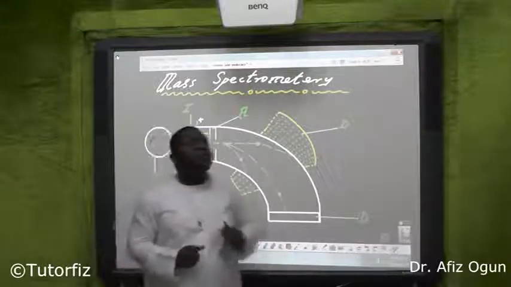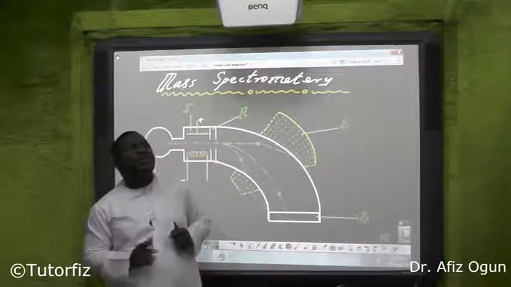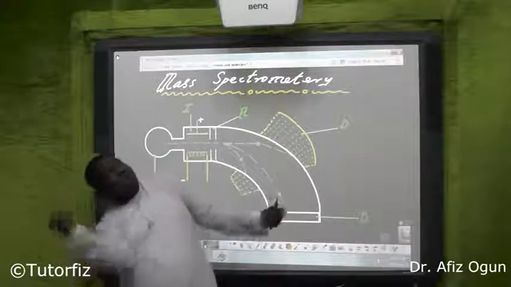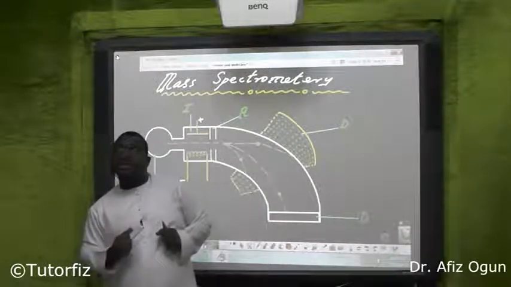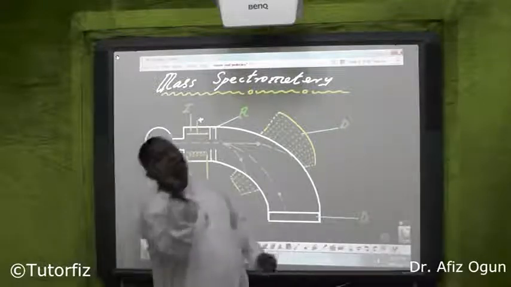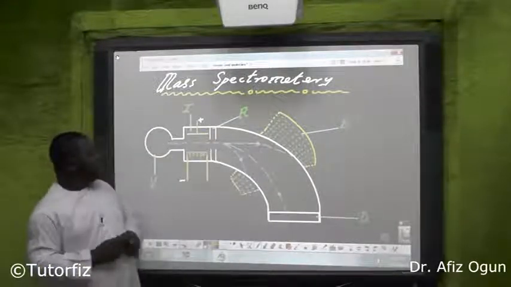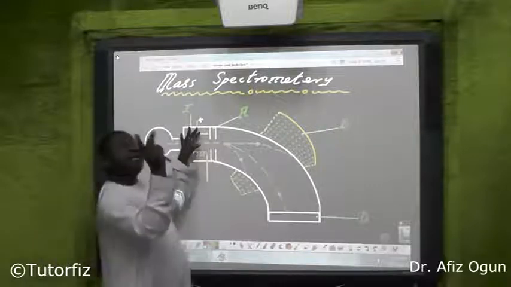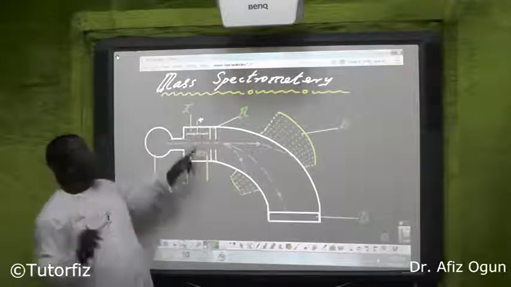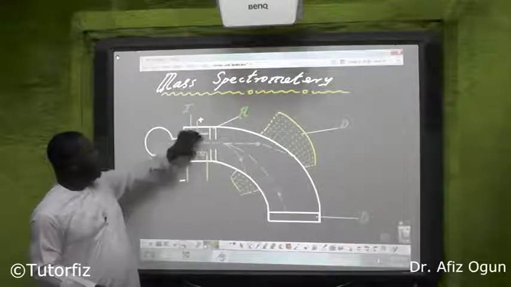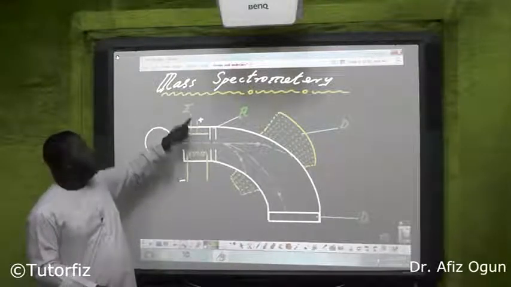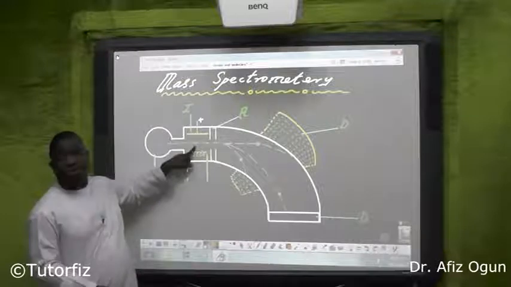It's just like when, in those days, you want to pluck a mango from a tree and you cannot climb the tree, so you take a stone and start stoning, targeting the mangoes. When the stone gets to the mango, it falls off. We have bombarded the mango with the stone. So we bombard certain things onto whatever we have here, in the bombardment chamber, so that ionization will take place.